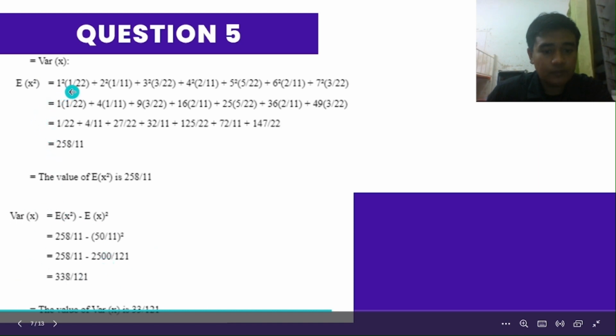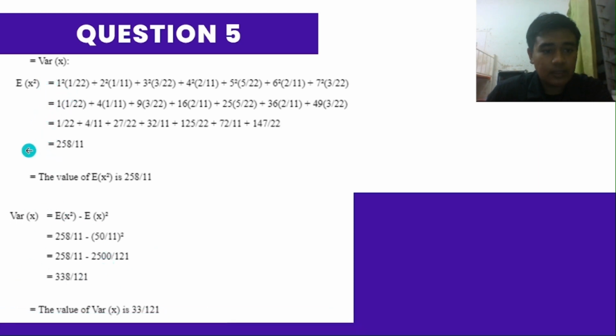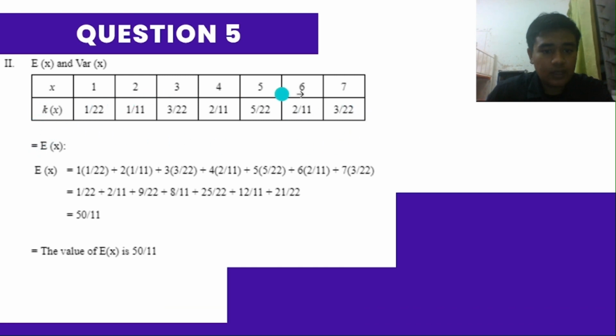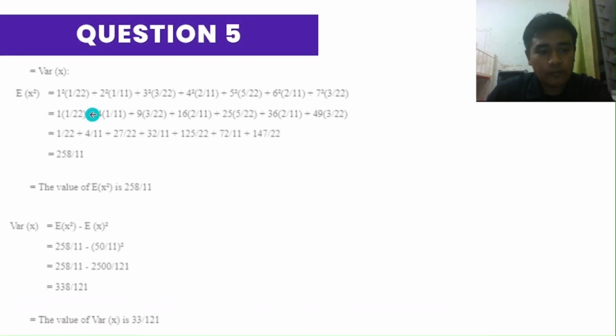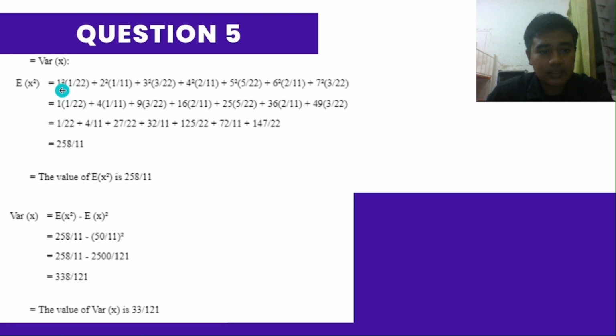The way we need to do it is by taking every value from this table, but with a little bit of a twist, we need to square every x that we have. Then we get our E(x squared), which is 258 over 11, which means our value of E(x squared) is 258 over 11.